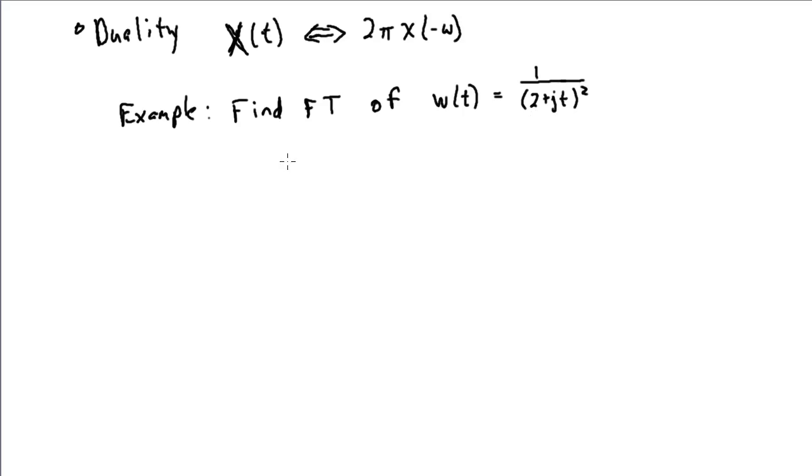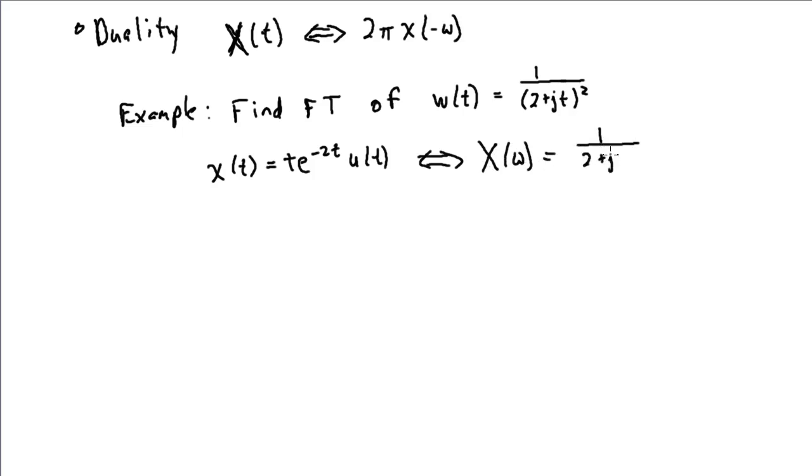There's no similar x of t in the table, but I see this entry. I see x of t is equal to t e to the minus 2t u of t, and the corresponding transform is x of omega is equal to 1 over 2 plus j omega squared. Okay. And I see that the x of omega function matches my time domain function with t substituted for omega.